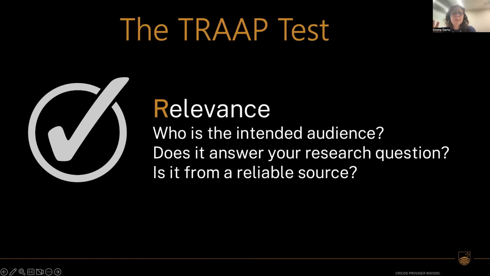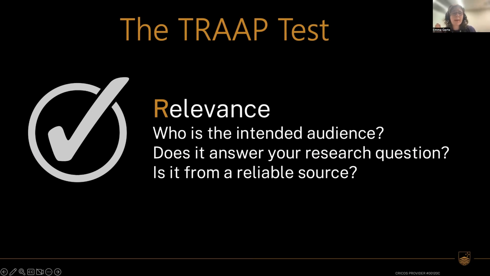And so sources that are written for a non-scholarly audience or for a layperson audience are probably not quite as relevant as they used to be. You need to be looking at scholarly sources or information that's produced for a scholarly audience, unless you're specifically looking for something that's talking about current events or news sources or something along those lines.